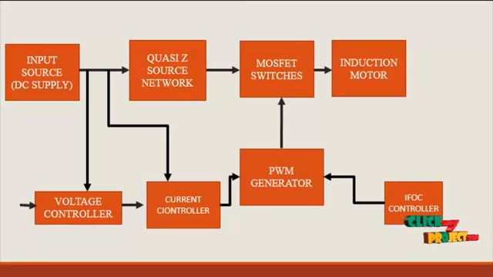And also the traditional ASD system is based on a VSI, which consists of a diode rectifier front end, DC link capacitor and inverter bridge. It suffers from common limitations and problems, such as the obtainable output voltage being limited far below the input line voltage.